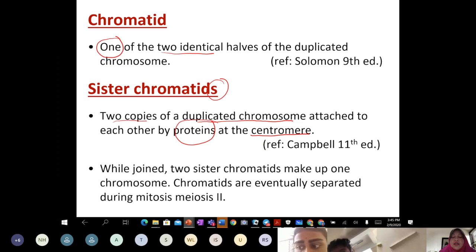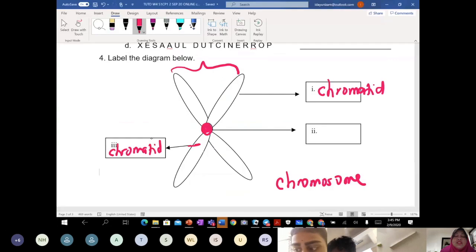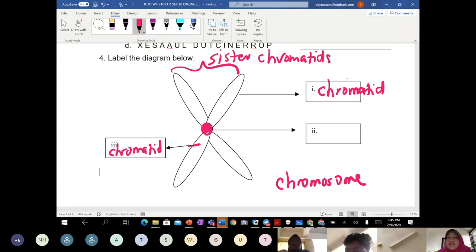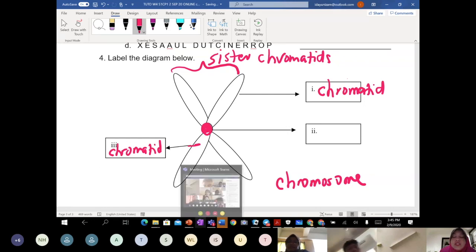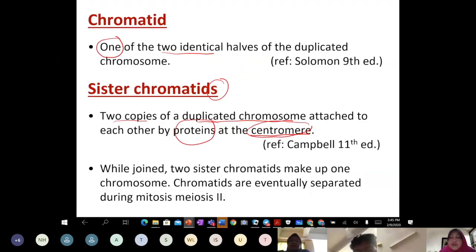Okay. So, back to our question just now. This one is a chromatid. These two chromatids together we call what, class? Sister chromatids. Yes. And these two sister chromatids attach to one structure that we call what, class? Centromere.